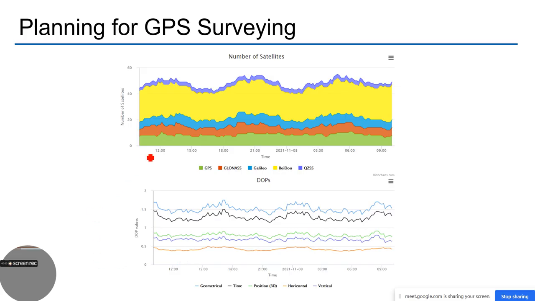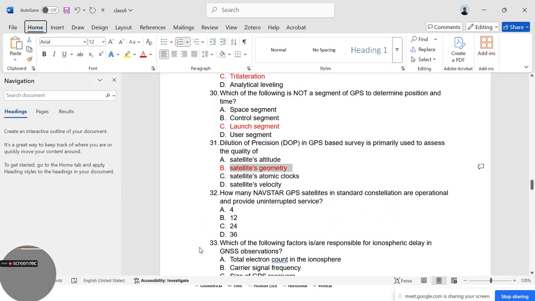Here you can see, throughout the day, how many satellites are available, and how many are available from GPS, GLONASS, Galileo, BeiDou, and QZSS. And you can see the DOP value considering all the satellites. Here it is lesser than 2 at the given time, which is a very excellent DOP value for a GPS survey. So keep in mind: the lesser the value, the better the positional accuracy, as the satellite spread is high.